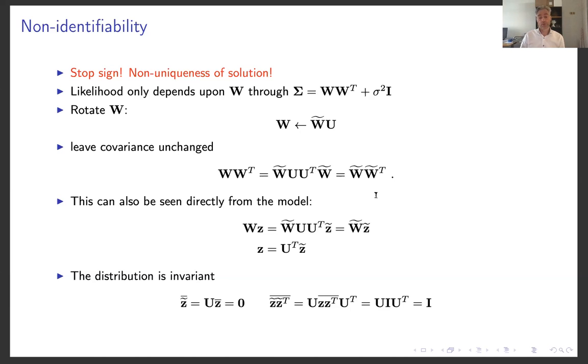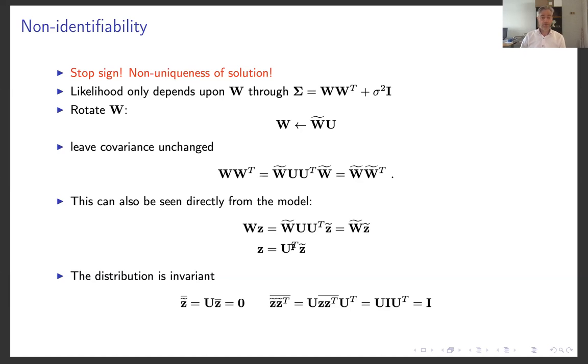For this rotated W matrix, and that means that we can also rotate the sources in the opposite direction, and then they are not unique, right?